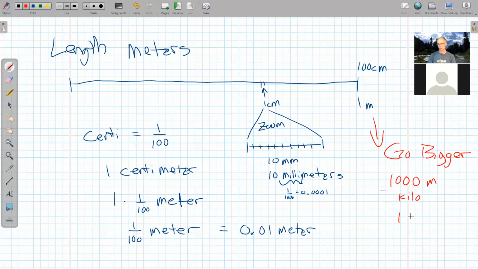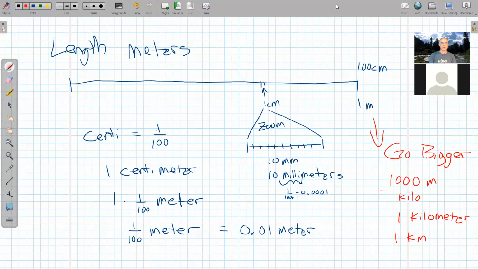So that would be 1 kilometer, usually abbreviated 1 km. And it doesn't matter whether I'm talking about meters or grams or liters. Centi still means 100th, milli still means 1,000th, kilo means 1,000, not 1,000th, 1,000. So they're multipliers. Some of them make things smaller, some of them make things bigger. So one thing about knowing metric is just to realize centi is 100th of whatever we're talking about. Kilo is 1,000 times whatever we're talking about.